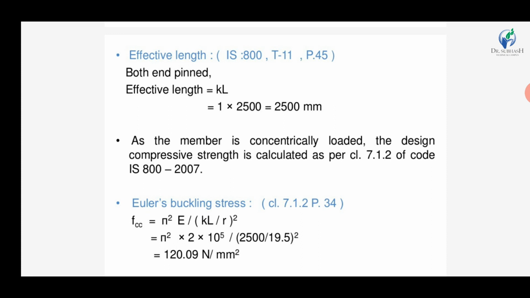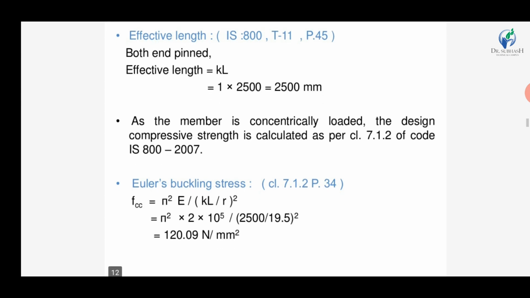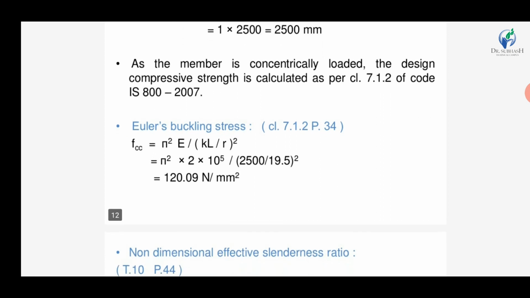As the member is concentrically loaded, the design compressive strength is calculated as per clause 7.1.2. The given data is a concentrically loaded member. Before we start the design procedure, we first find the Euler buckling stress. This equation is given in clause number 7.1.2, page number 34.